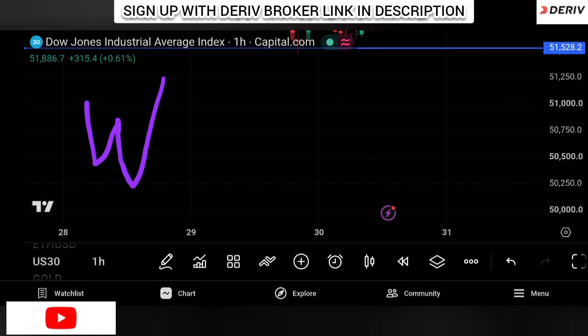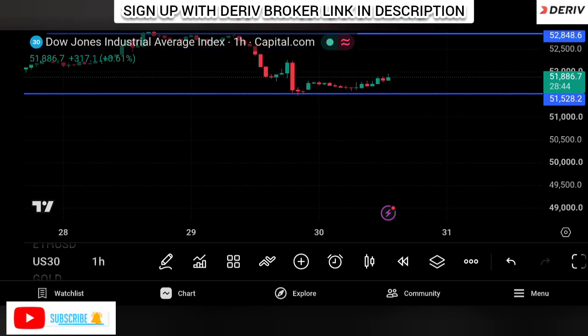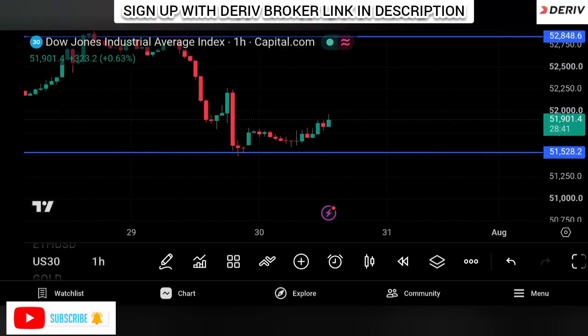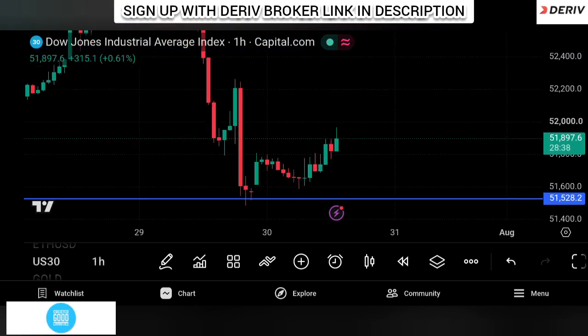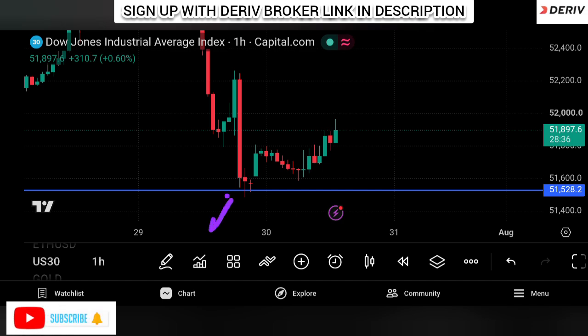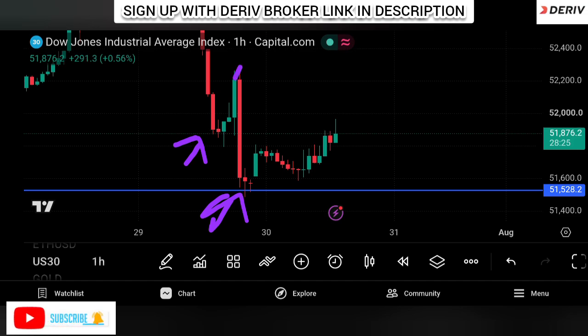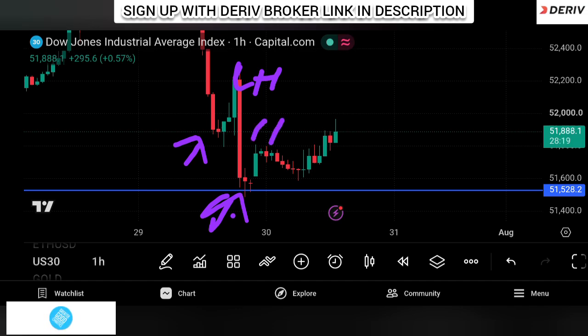So right now, let's go back to the chart, because it's what I wanted to show you. It's right here on the chart. You can see here we are having a lower low, because here we also have a lower low. The market was in a downtrend from this leg. This is a lower low, this is a lower high. This is a lower low, this is a lower high.